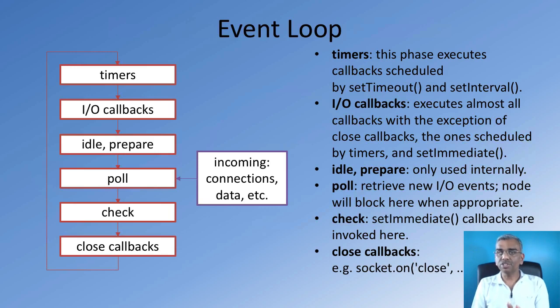Suffice it to say that this is sufficient information for us to understand Node applications and how they work for the moment. If you want to know more details, then I have given you a link to a detailed description in the Node.js documentation, which explains the event loop in more detail.